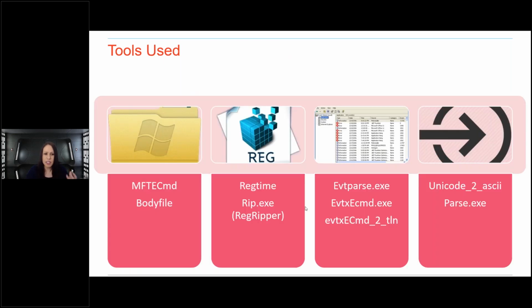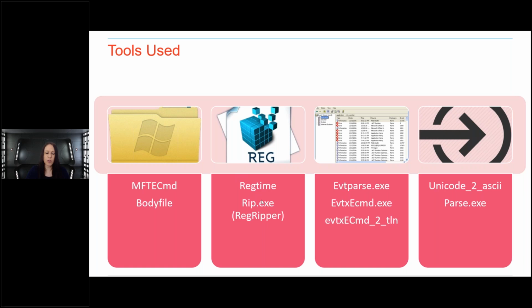So in this particular instance, there are tools that I call on the back end with my module to create the timeline. The first one will go through and parse out the MFT, and that uses Eric's tool MFTECmd. It actually outputs it into something called a body file, which is another file format. On the back end, I go ahead and convert that into the TLN format.